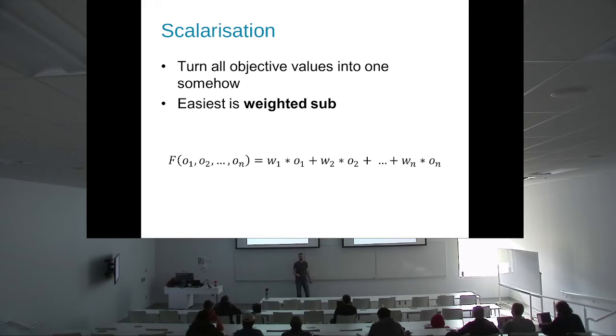Where maybe another one costs $61,000, but can do this in 9 seconds. Well, these numbers are so out of whack that the cost is going to dominate so much of the fitness function that it's kind of silly to just add these together.